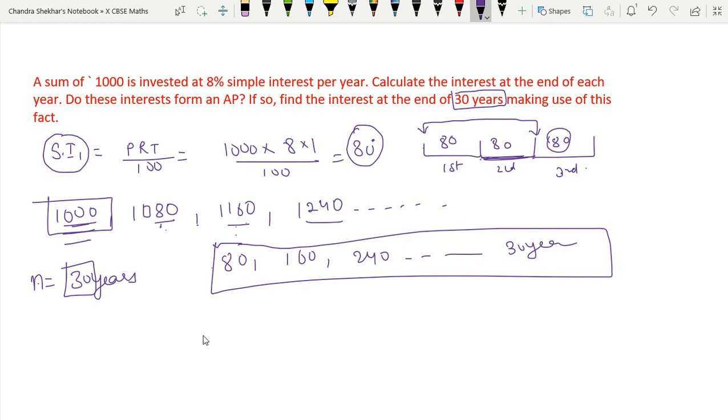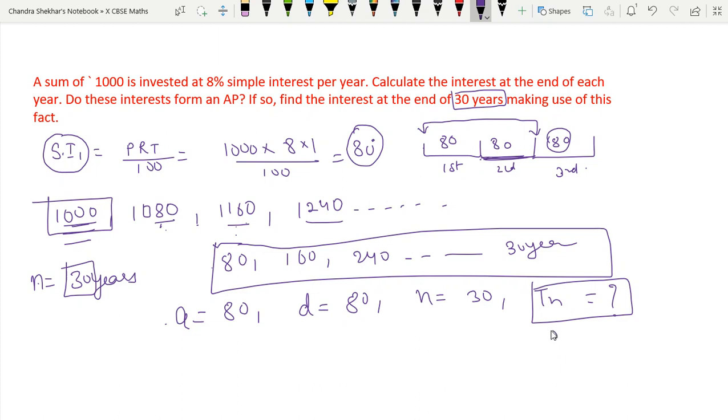Okay, so let's find. So what is a in this case? 80. What is d in it? 80. What is more required in it? n is in it. 30. What is the question mark? So AP, a_n is required here, right?